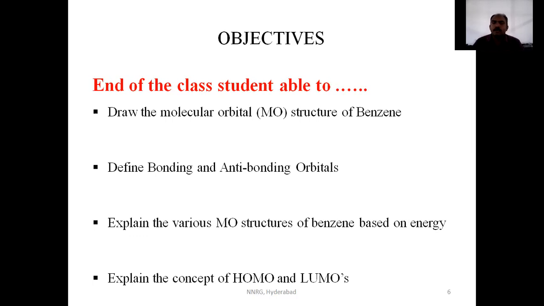HOMO means highest occupied molecular orbital, and LUMO, lowest unoccupied molecular orbital. So students are able to draw molecular orbital structures, explain bonding and antibonding orbitals, explain various structures and the concept of HOMO and LUMO.